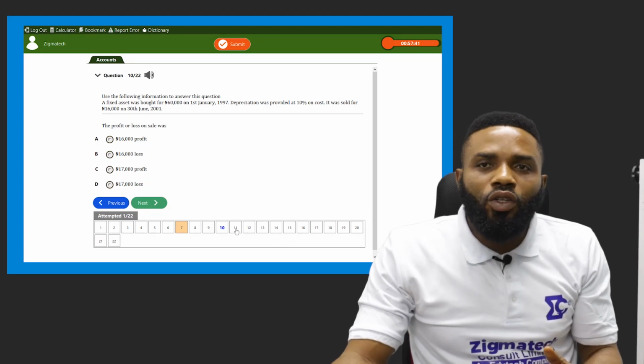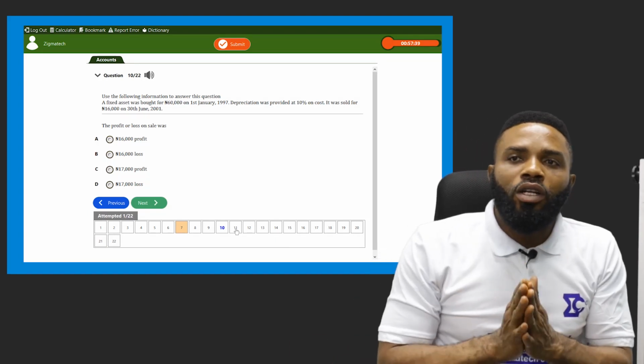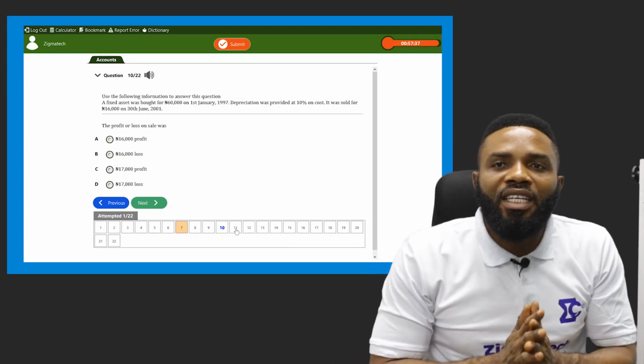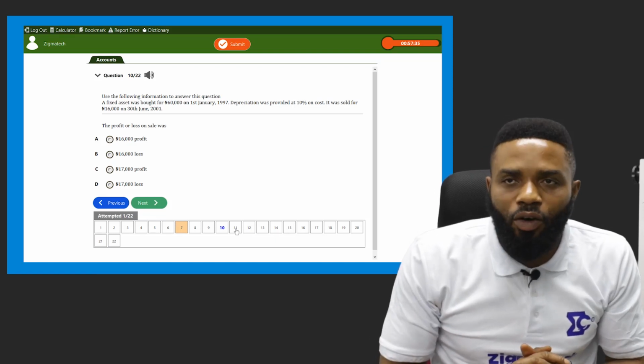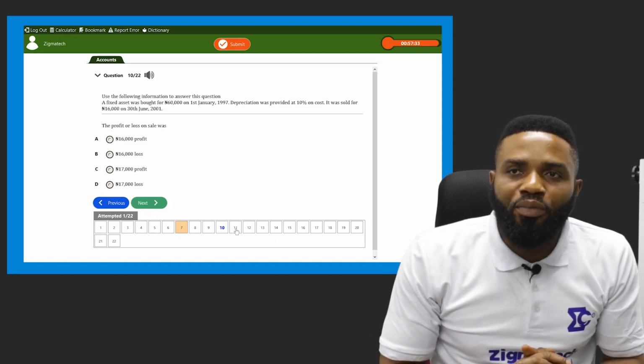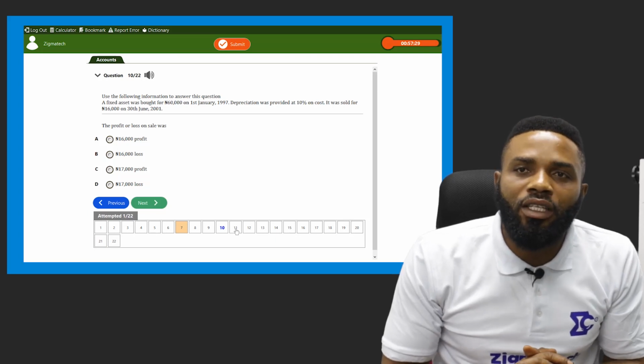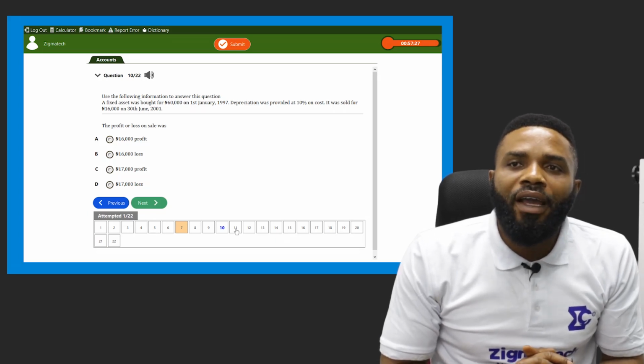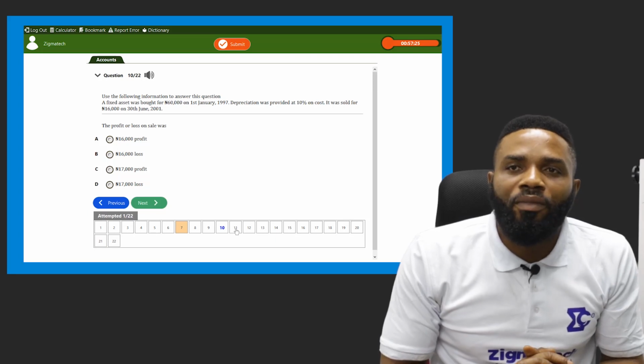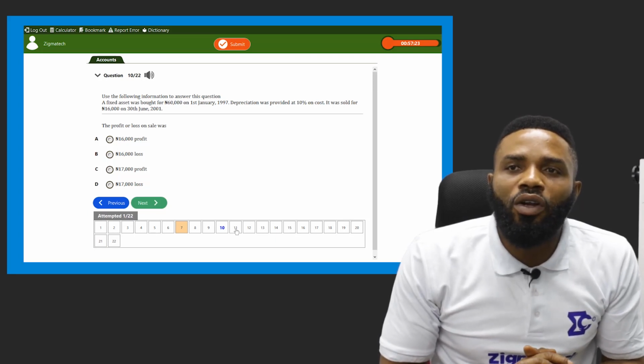They say a fixed asset was bought for 60,000 on 1st January 1997. Depreciation was charged at 10% on cost. It was sold for this. So what you are going to do now is calculate the depreciation.